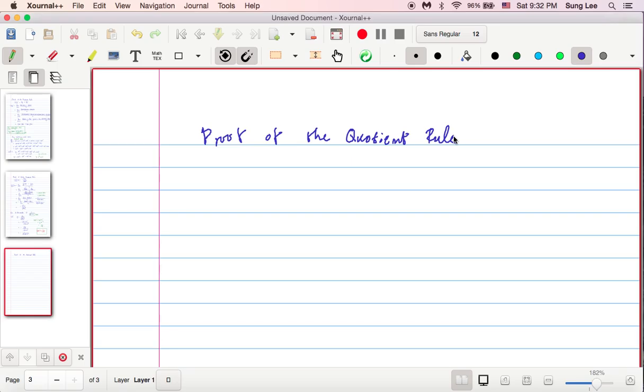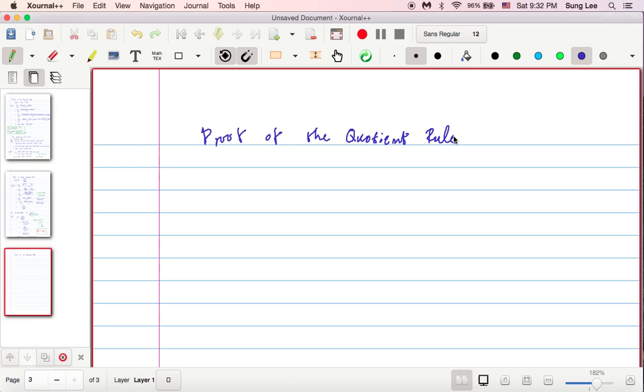But what I personally prefer is to first prove the baby quotient rule. You can directly prove the quotient rule, and then get the baby quotient rule as a special case. That's one way to approach it.